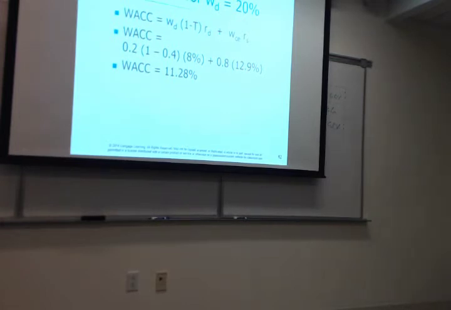So because the WACC has gone down, what happens to value? It goes up. So we're making progress here, right? We're headed in the right direction. Just by moving to 20% debt, we could increase the value of this firm, because we're going to take advantage of some tax benefits, and we're not going to get hurt too much by the risk of financial distress.